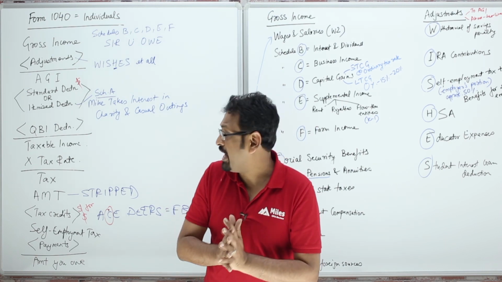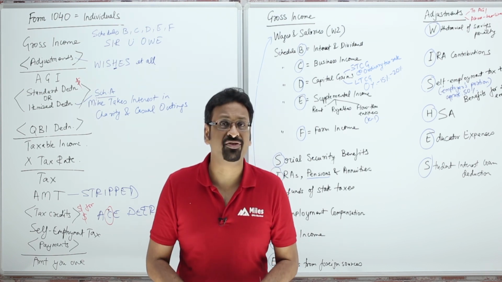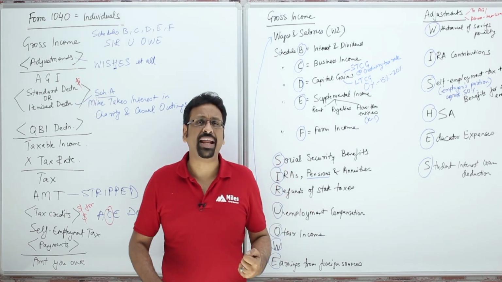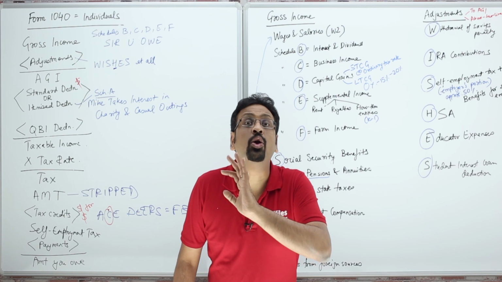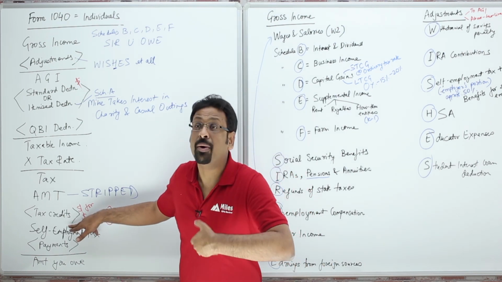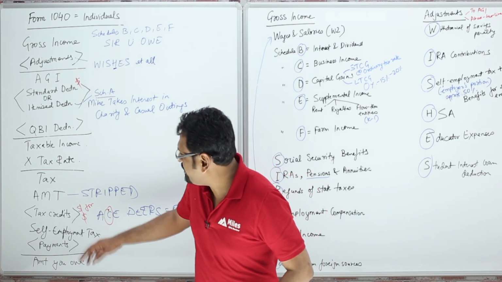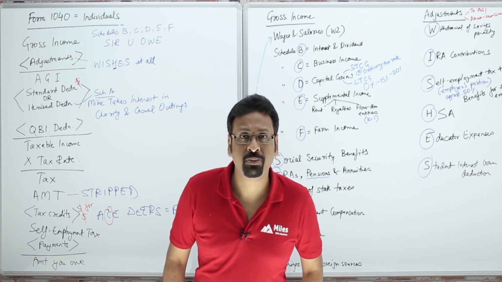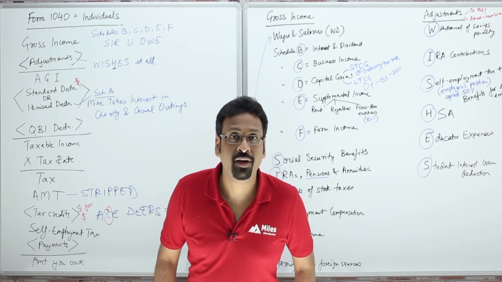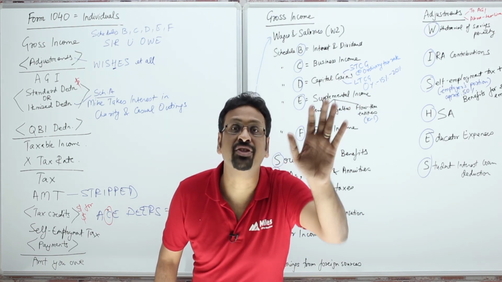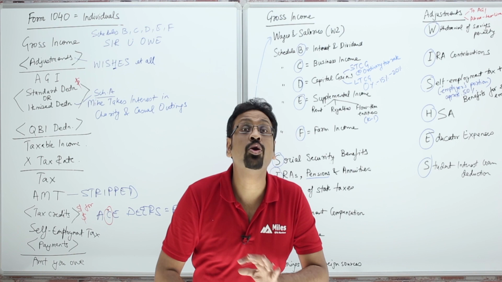Now, when we look at tax credits, we'll talk about non-refundable tax credits as well as refundable tax credits. Non-refundable tax credits reduce your tax liability, but there is no refund if the tax credit is more than the tax liability. If your tax liability is $800 and your non-refundable tax credit is $1,000, Uncle Sam would tell you, see you next year. 800 minus 1000 will be 0, not minus 200.